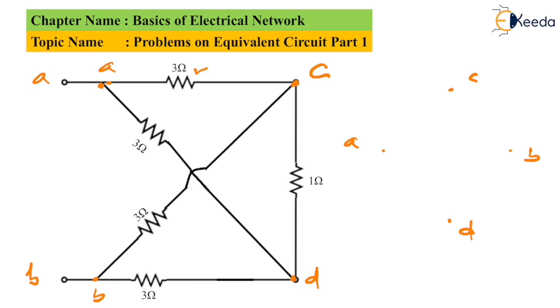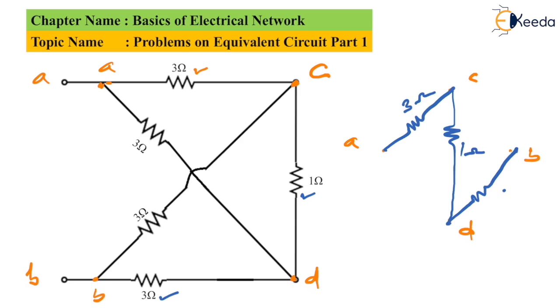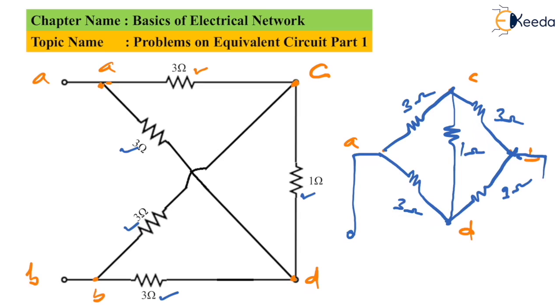3 ohms is connected between A and C. 1 ohm is connected between C and D. 3 ohms is connected between B and D. 3 ohms is connected between B and C. Whereas the remaining 3 ohms is connected between A and D. These are the 2 points across which we have to find an equivalent resistance, which is RAB.